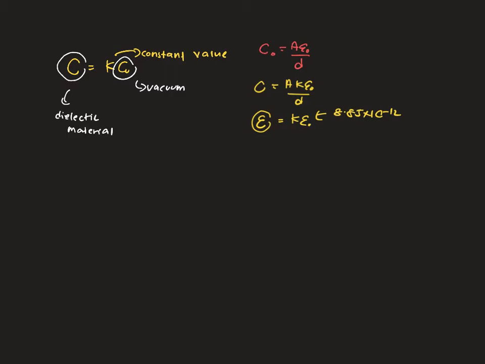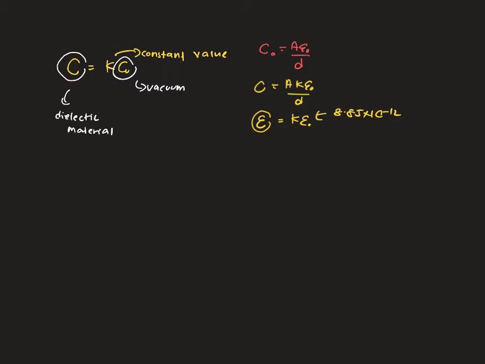So when you use the permittivity, make sure you multiply by the constant value of the dielectric material to find the new permittivity.